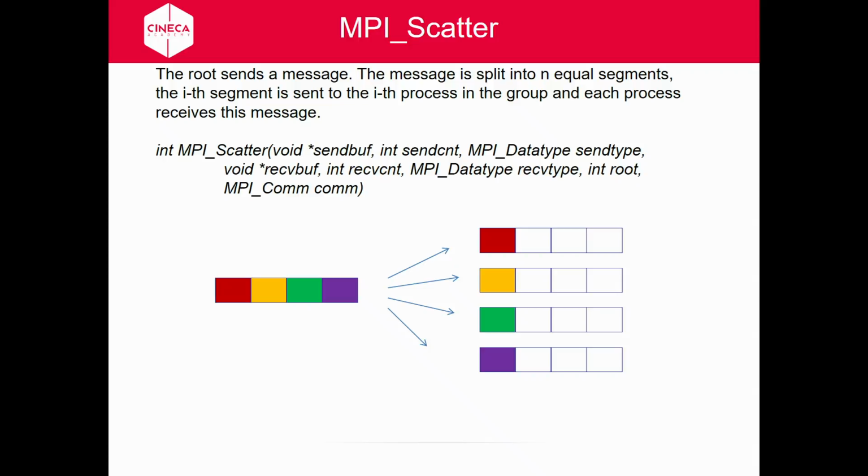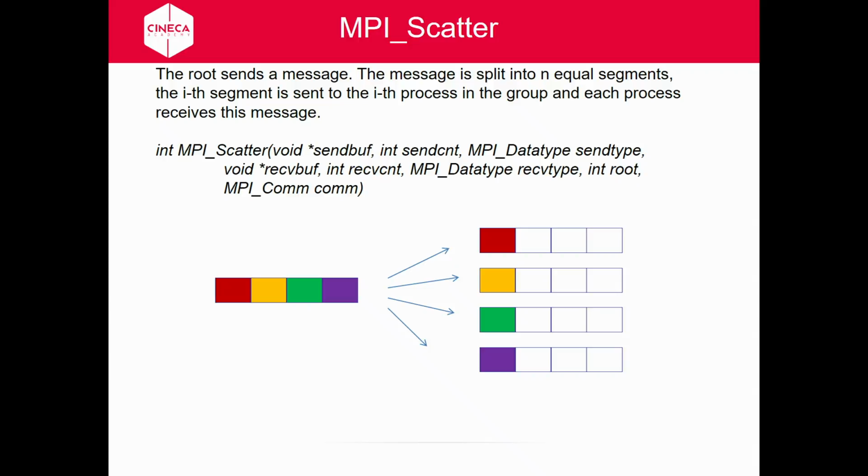Clearly, this command could have some problem when, for example, the dimension of the array is a prime number. For example, in this case, how can I divide this array in parts with the same size? It is impossible.